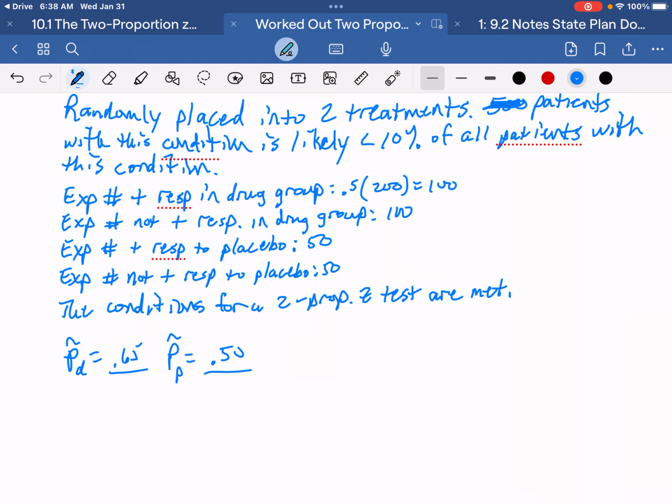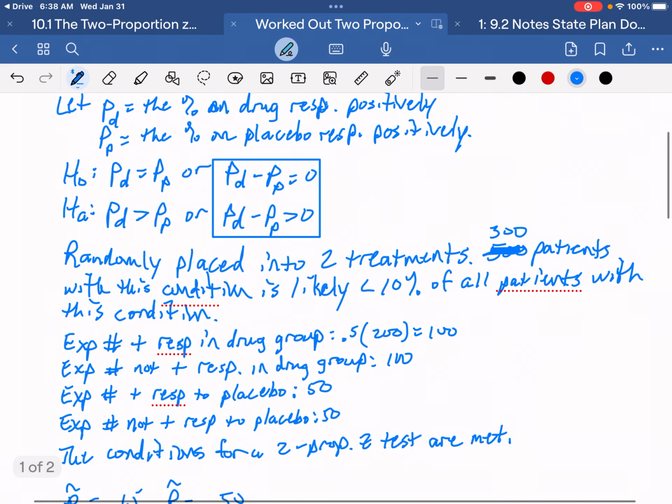Now the next thing you want to do is subtract those two to get their difference. You're comparing the drug to the placebo, so the way to do that is to subtract them. You can subtract them in either order, but what I usually suggest is subtract them in the same order that you stated your hypotheses.